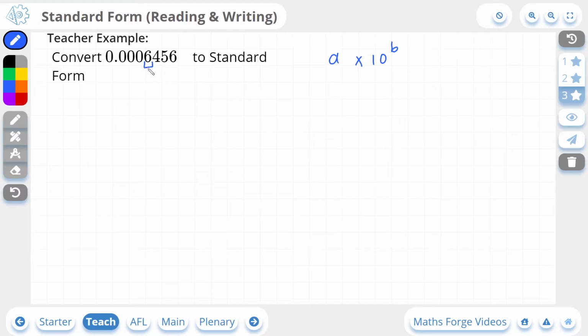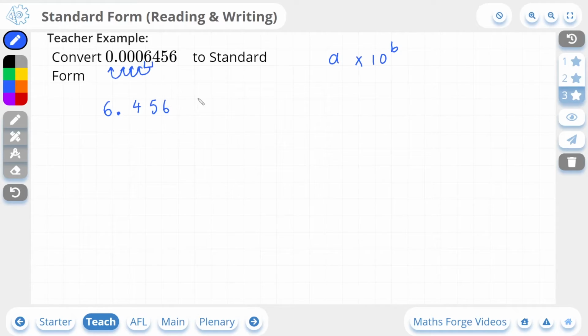Well, if you think about it, we need to move it 1, 2, 3, 4 spaces to the right. If we move this number 4 spaces, we will end up with this value, 6.456. However, we can't just move this number by 4 places and leave it as it is, because the original value is much smaller.